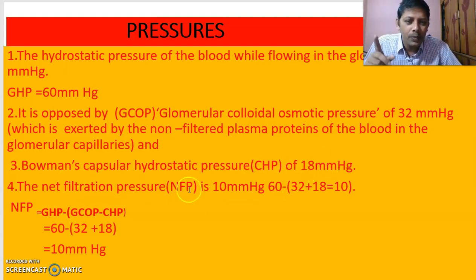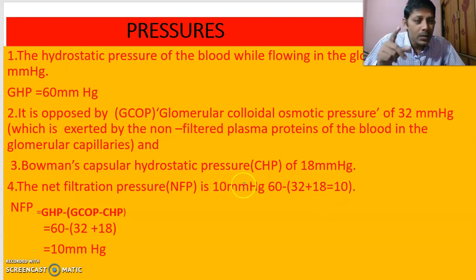The net filtration pressure is 10 mmHg. You get this as 60 minus the bracket of 32 plus 18, which gives 10. In recent mock test papers, they asked what the net filtration pressure value is: 10 mmHg.